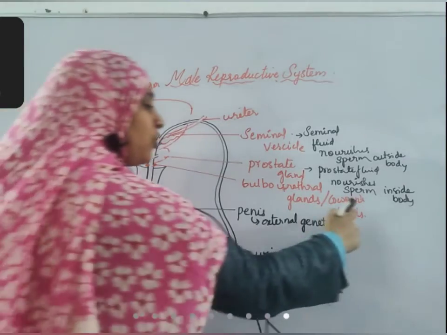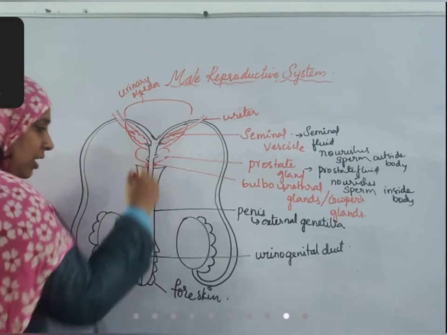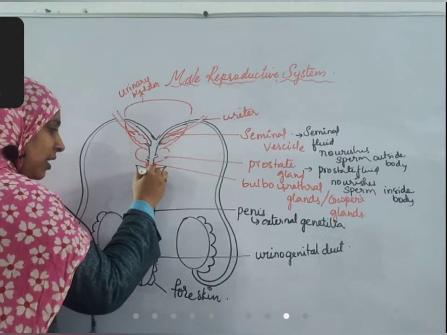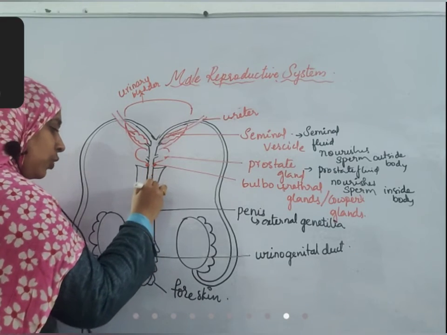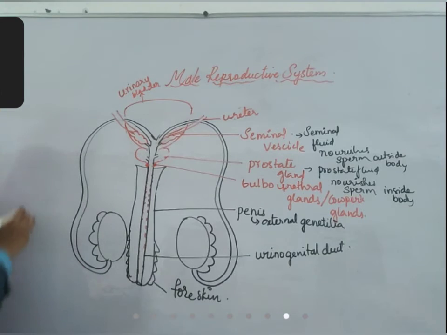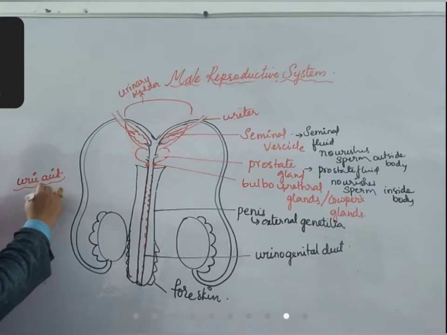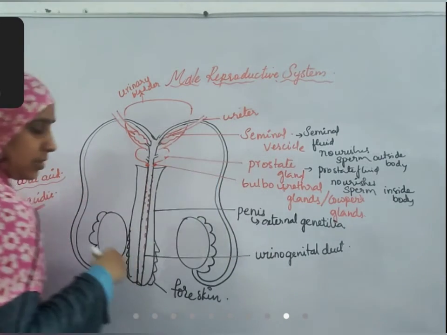And what is the function of Cowper's glands? When urine is excreted through this urinogenital duct, the walls of this duct hold some amount of urine. And we know that urine is acidic because of the presence of uric acid. This acidic nature may kill the sperm entering from the testis.